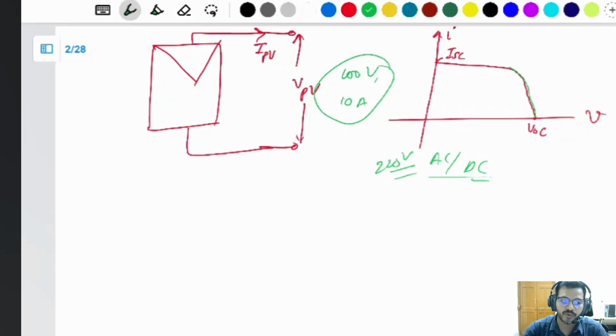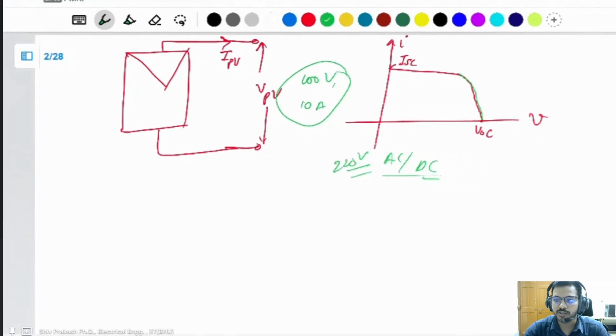And sometimes we connect to the grid also, and sometimes you have to charge the battery storage system. You can charge the battery, or you can store the energy from the PV panel, from the solar cell. In the same way, you should use a converter to store the energy also.